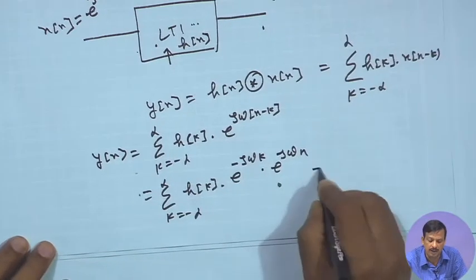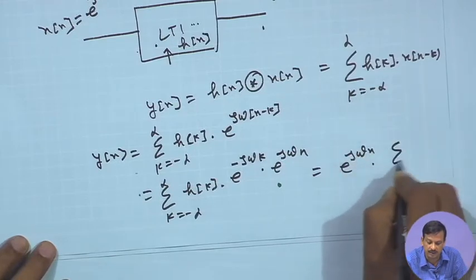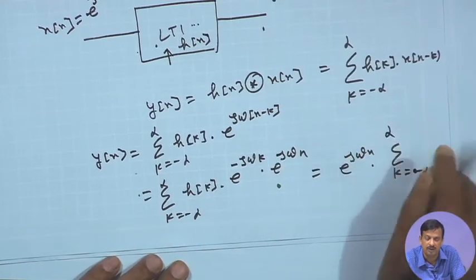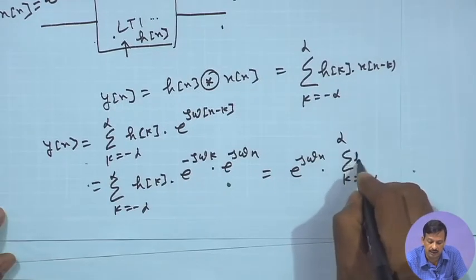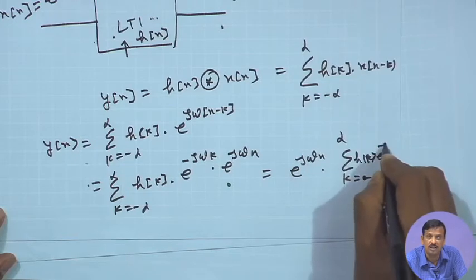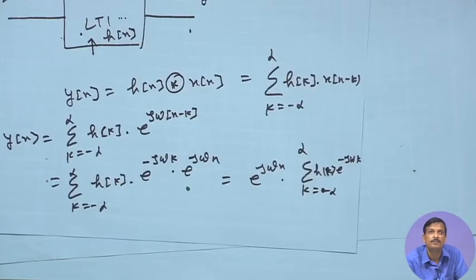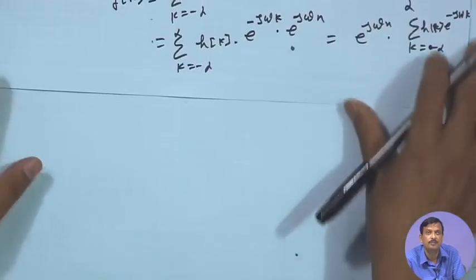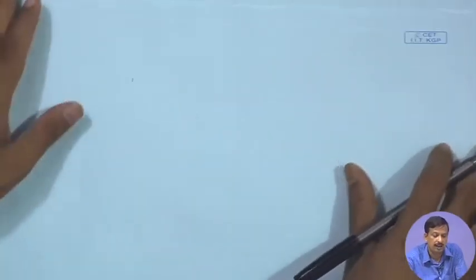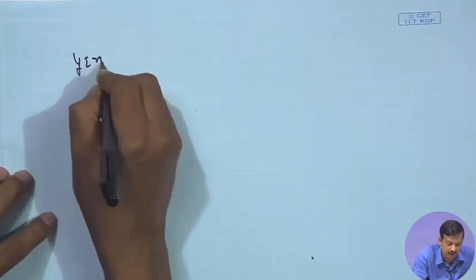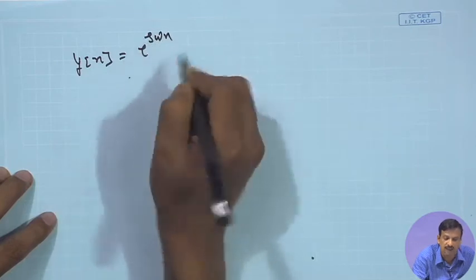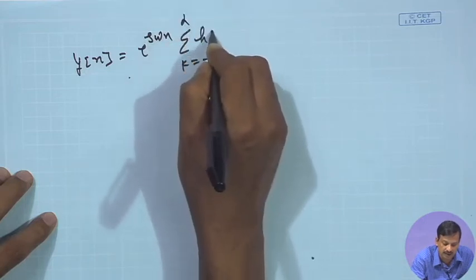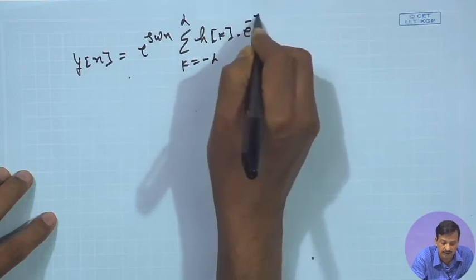Because e to the power j omega n does not depend on k, I can take it outside the sum. So, y[n] is e to the power j omega n times the sum over k equal to minus infinity to infinity of h[k] into e to the power minus j omega k.